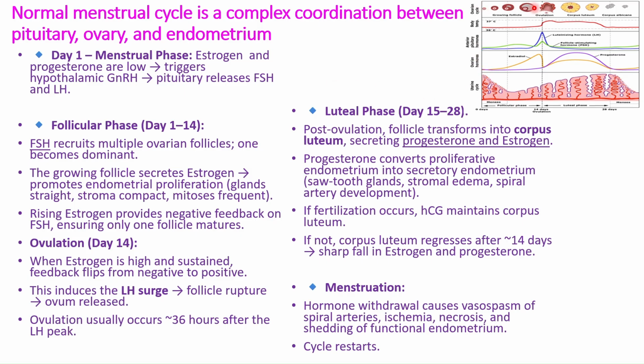So these are the ovarian follicles, estrogen and progesterone, follicular stimulating hormone and luteinizing hormone.